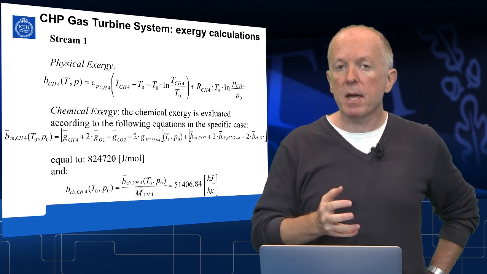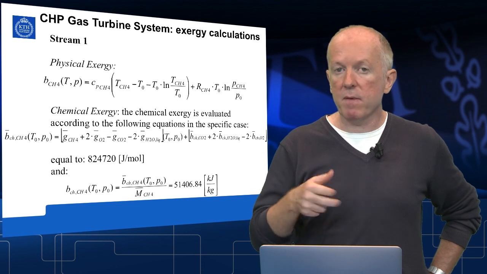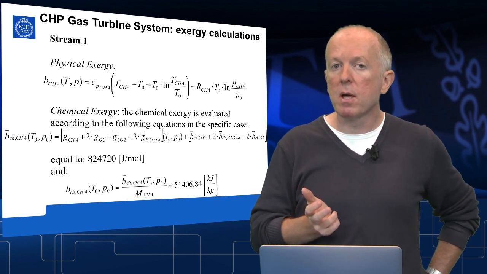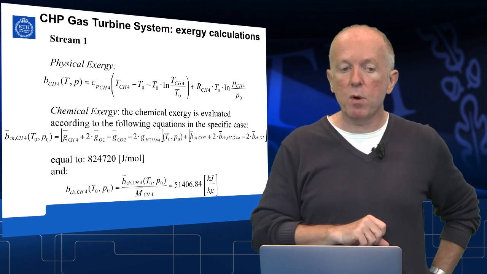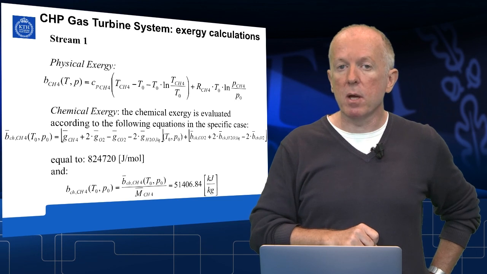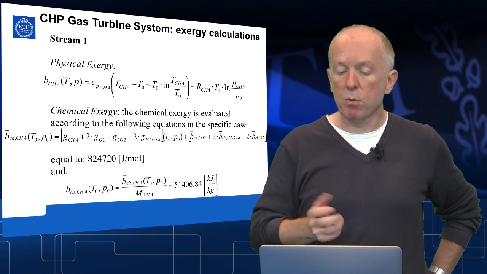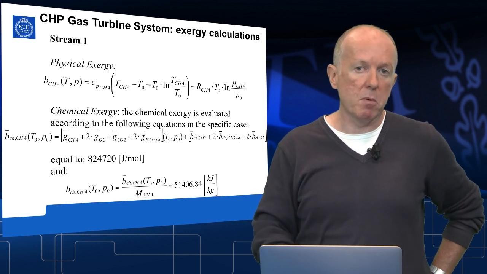So in most cases, especially in large, very complex analyses, you can approximate the value of the chemical exergy of the fuel to the lower heating value of the molecule. This is a thing that can be accepted in long calculations.